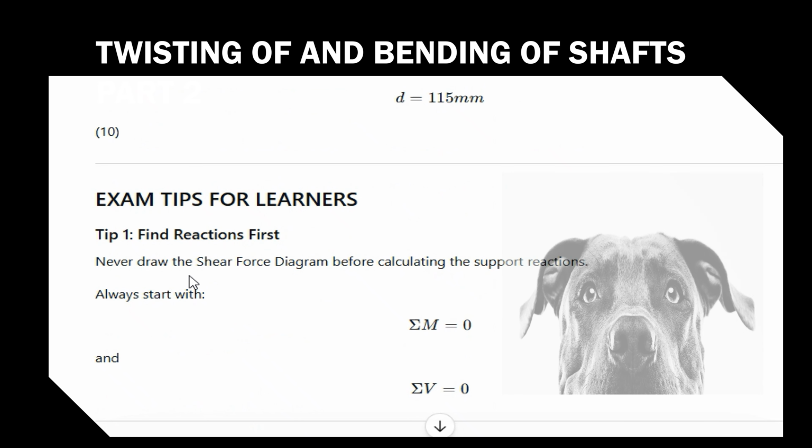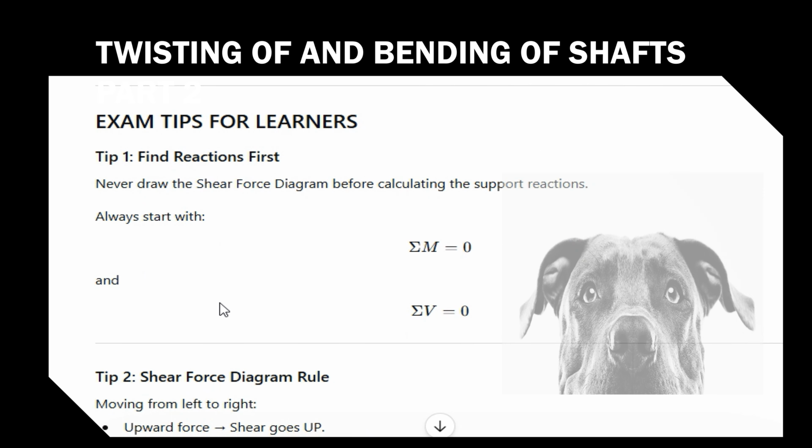Never draw the shear force diagram before calculating the support reactions. Always start with the sum of moments equals 0 and the sum of vertical forces equals 0.